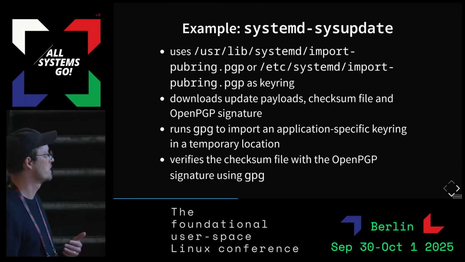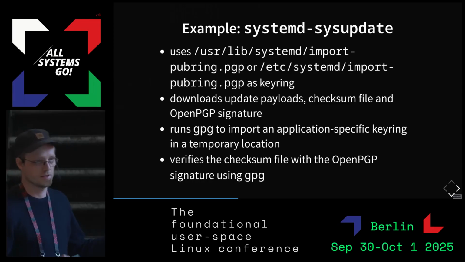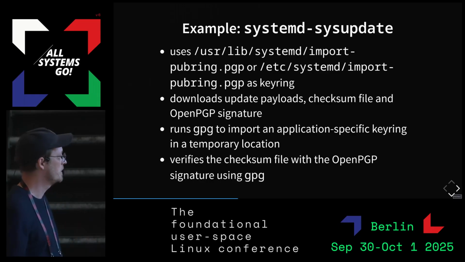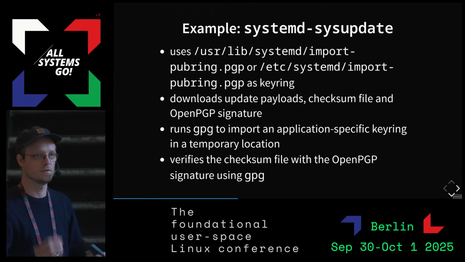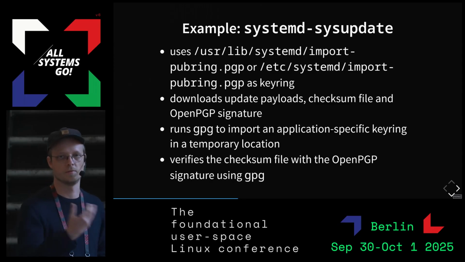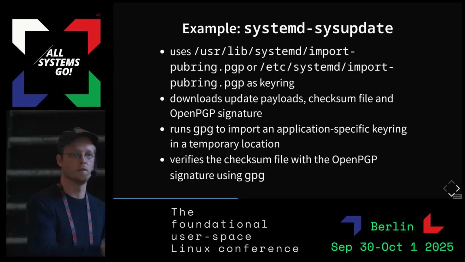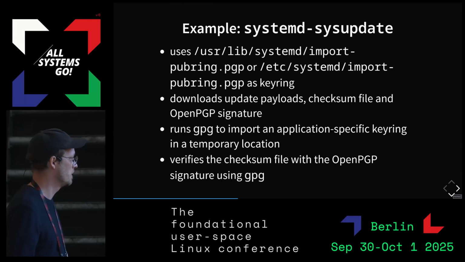The process would download the updated payloads, depending on its configuration, the checksum file and the OpenPGP signature for that checksum file, and then verify that entire thing, but by running GPG in a temporary location, importing the keyring, and then verifying the thing. It's all kind of yuck because of GPG's very stateful approach to everything. You can't really run it without having this keyring directory and everything attached to it. So it's a bit painful.